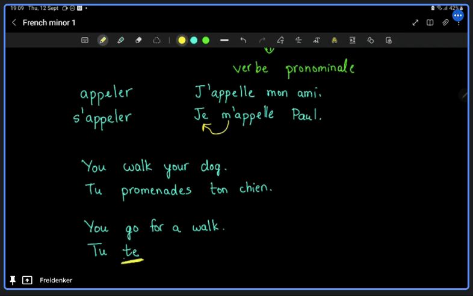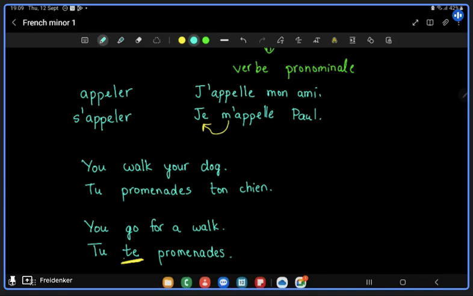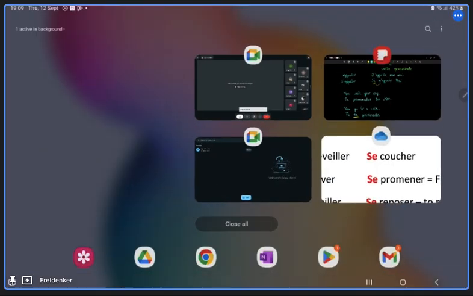There's a rule for it. Se changes to te. I'll tell you why. Tu te promènes. It means you yourself are going for a walk. Instead of taking someone or something else for a walk, you're taking yourself for a walk. That is, you walk yourself.